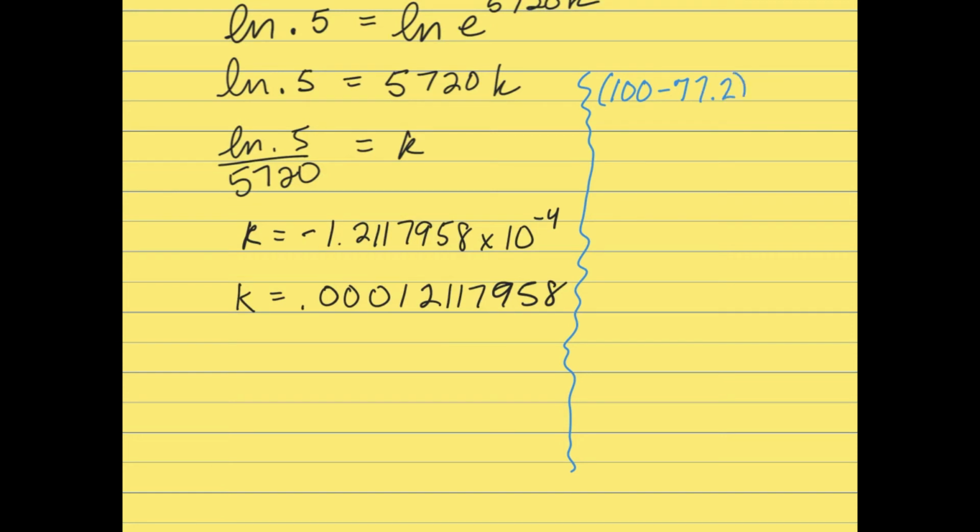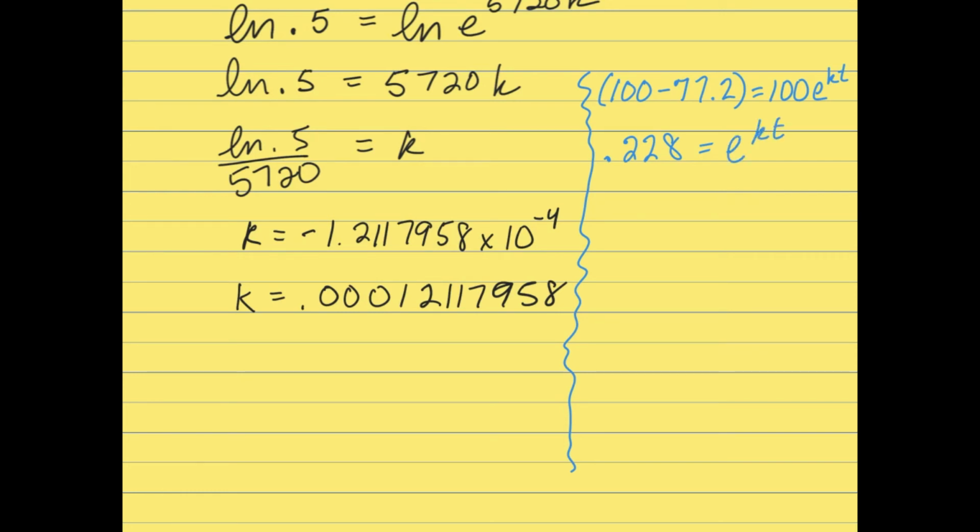But first, let's write the problem down. So we're back to our original equation. We're going to just say we started with 100 grams. We can do that. And 77.2% had been lost. So the ending amount is 100 minus 77.2 grams, and the starting amount was 100 grams.